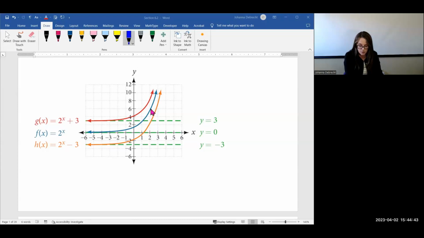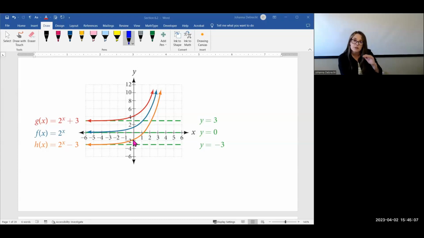So if I take this y value and I subtract 3, I get to here. If I take this y value for the same x, subtract 3, I get to here. That's exactly what we're doing. So this one now crosses down here at negative 2. Why negative 2? Well, the parent function crosses at (0, 1). 1 minus 3 gives me negative 2.